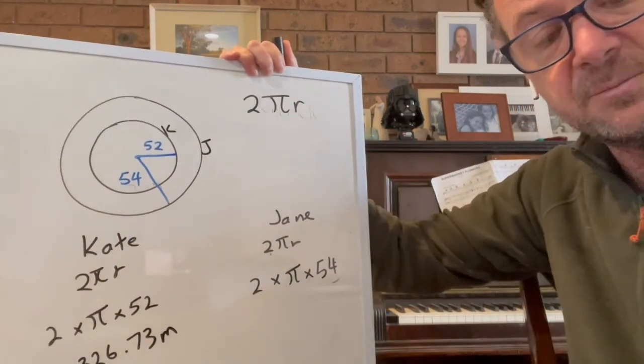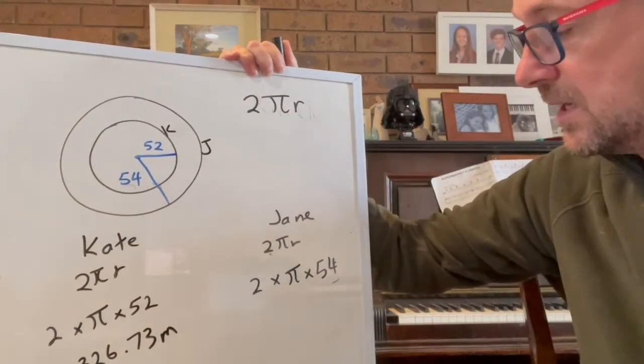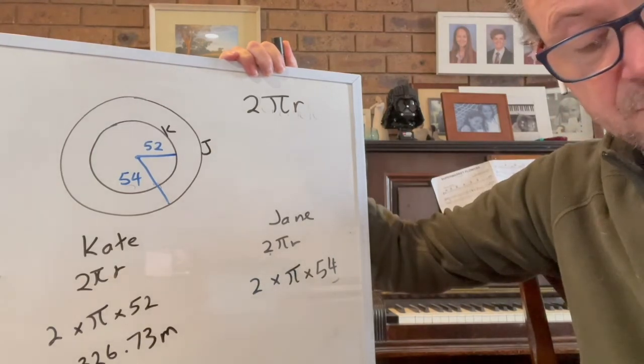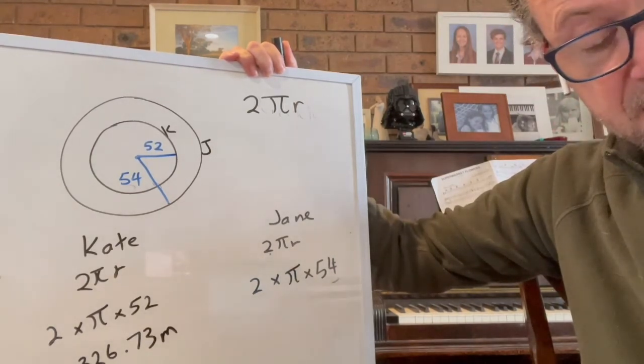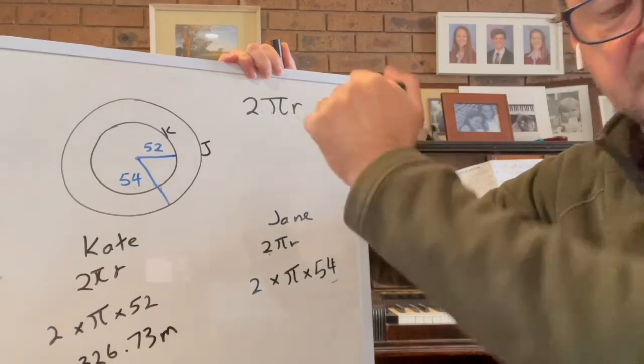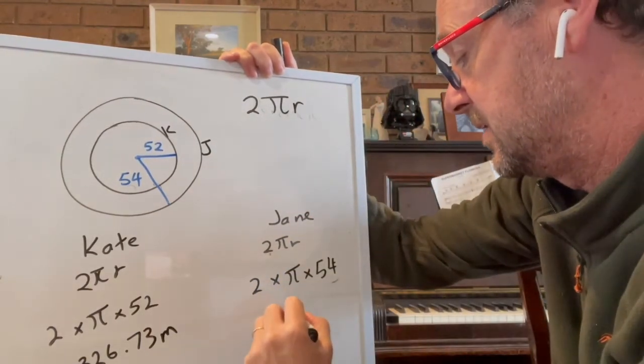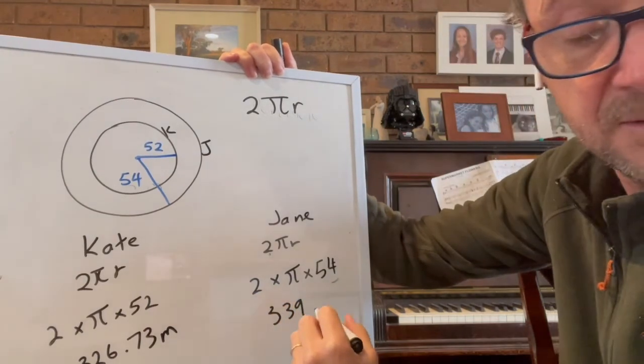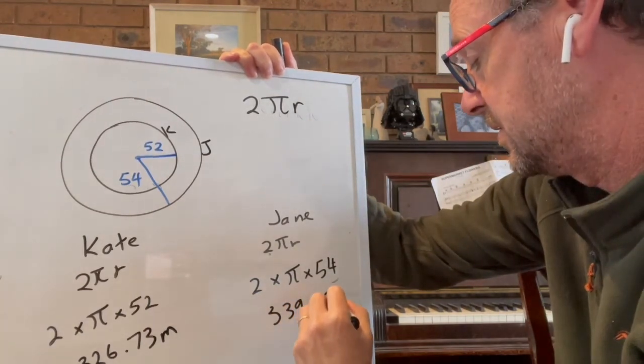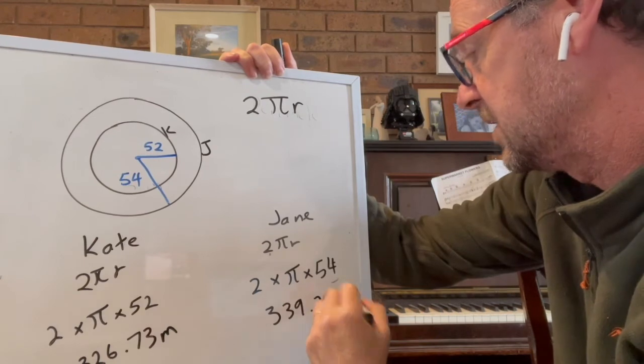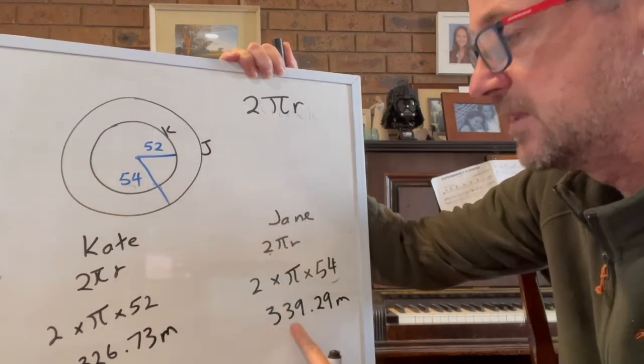And then we're going to compare that to Jane. So 2 times 54 times pi is going to give us 339.29 meters. Of course, Jane's running the outside track, so we'd expect this number to be bigger than that, which it is.